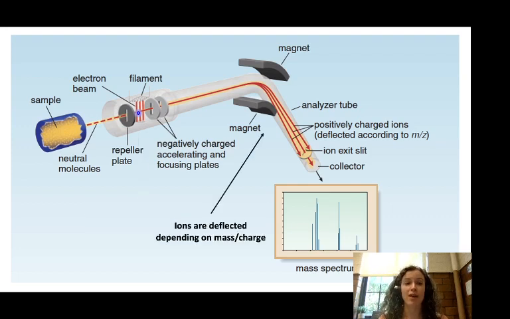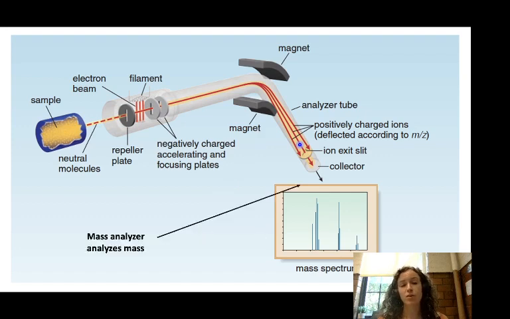Next, you have these charged ions. They're accelerated through a series of magnets, and they're separated as they travel down this tube based on mass. So molecules with different mass will be separated and analyzed on their own.